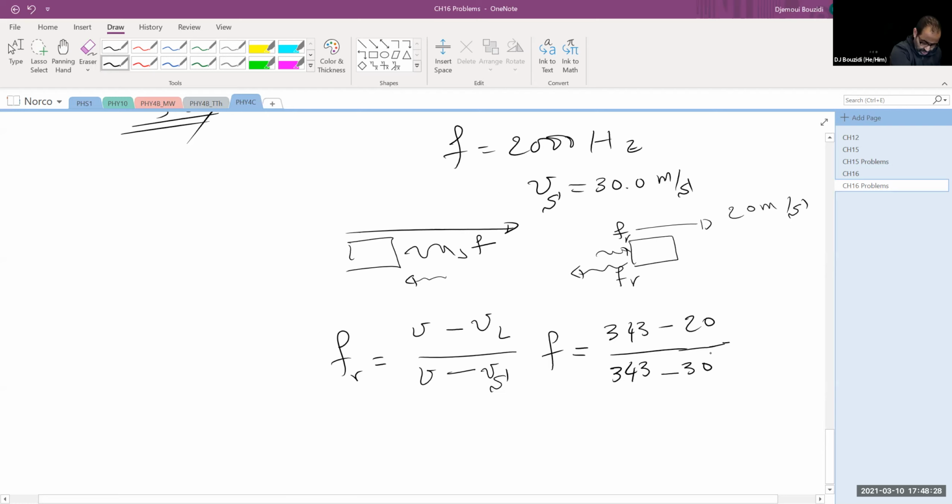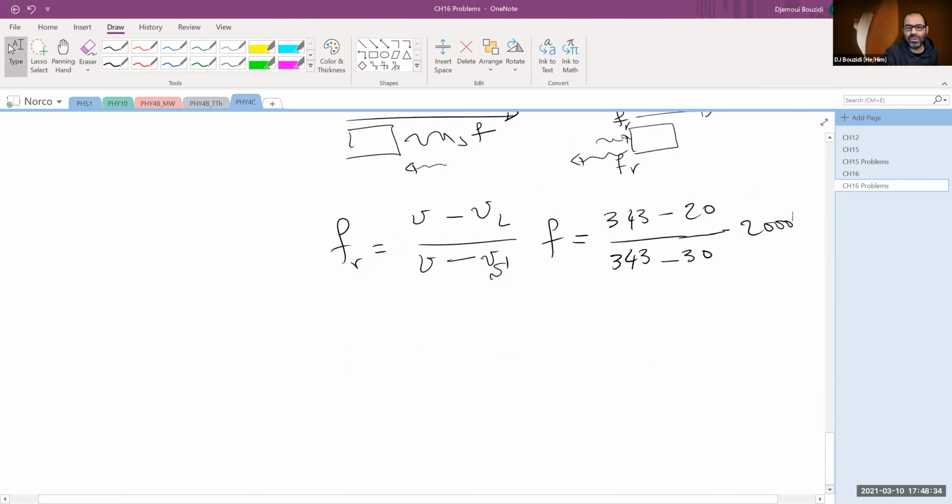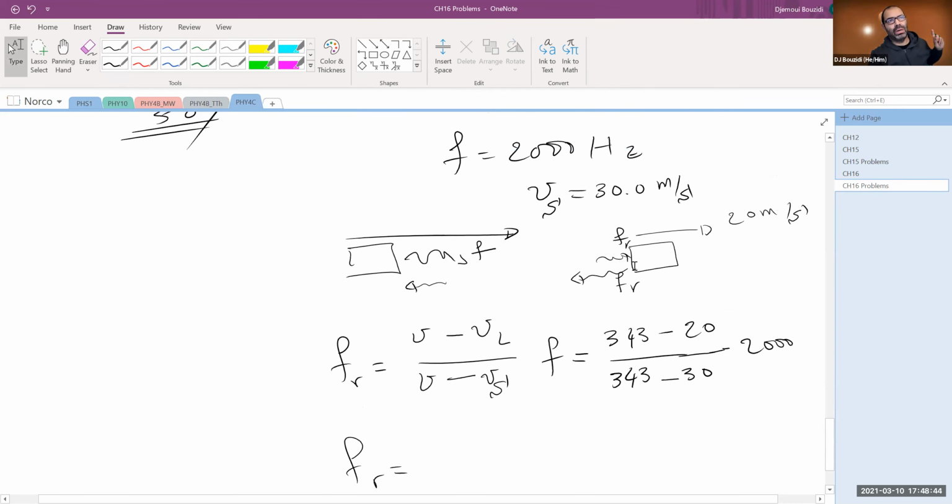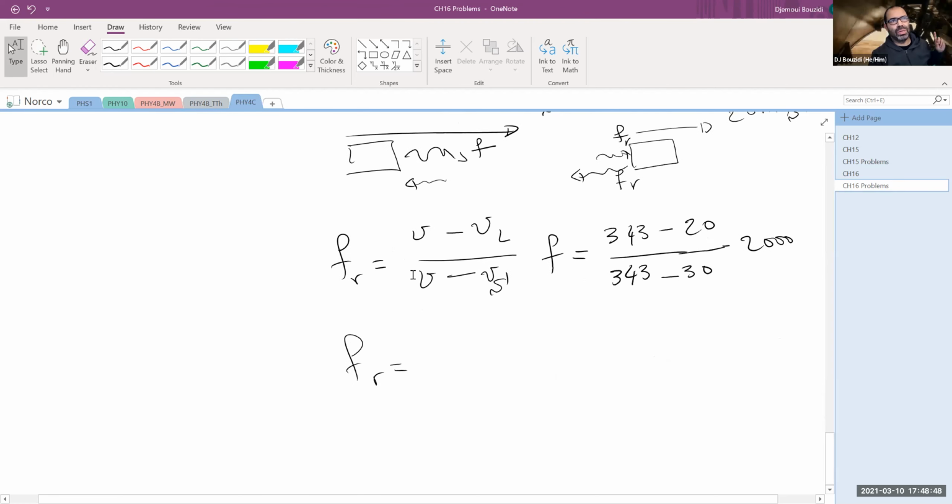This time is 2,000 times 2,000. So I expect this number to be higher than 2,000. So the frequency in this case, that is reflected. This is reflected, not heard yet by the driver. This is still just coming off of the truck, okay? So now it's going to be shifted again by the time it comes to this one. So this is not the total frequency, this is just part of it, okay?